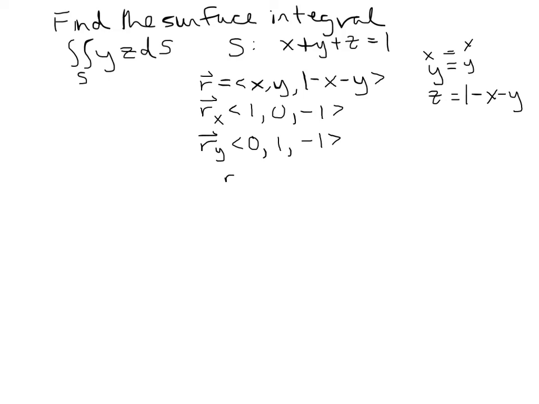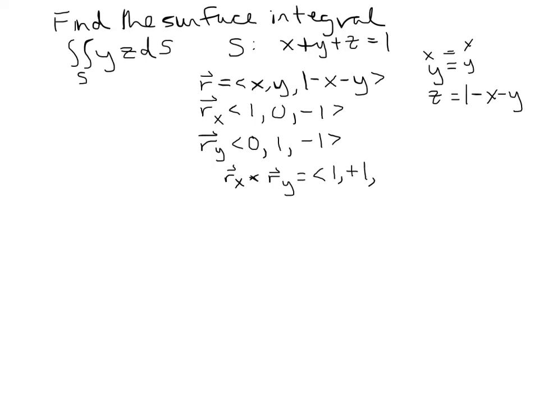Now the cross product of these two, so r sub x cross r sub y, the x component of it is going to be 0 minus a negative 1, so that'll give us 1. Y component of a cross product is always negative. It's going to be 1 times negative 1 minus 0, so that would be minus a negative 1.